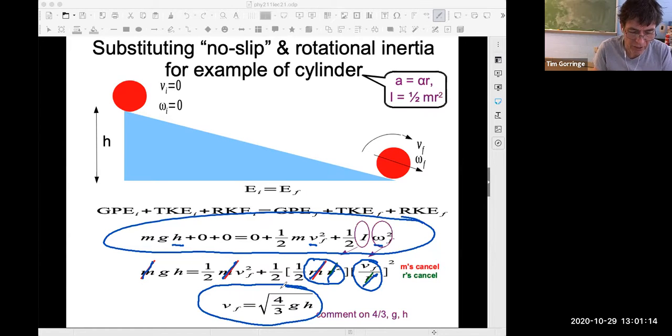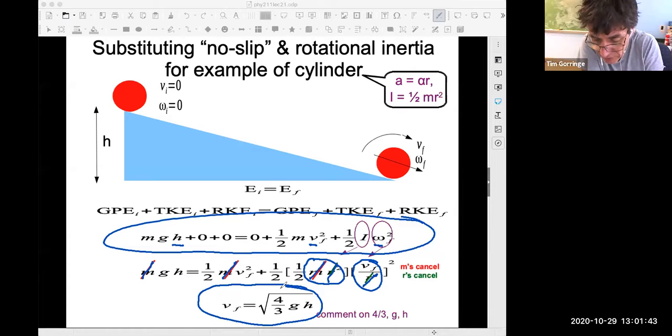And interestingly, because we had to plug in the moment of inertia, the 4/3 actually reflects the shape of the object, that it was a cylinder. So the 4/3 comes about in this calculation because the rolling object was a cylinder. And when we do the sphere and the ring, we'll get a different number that isn't 4/3.